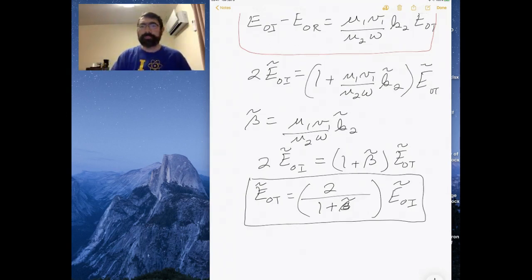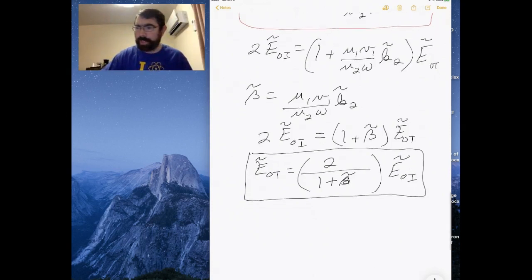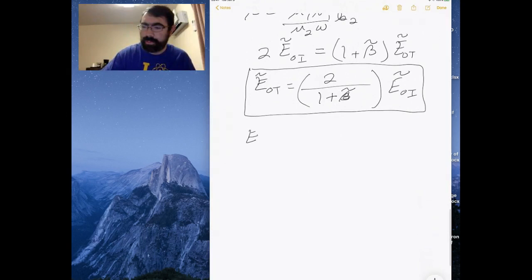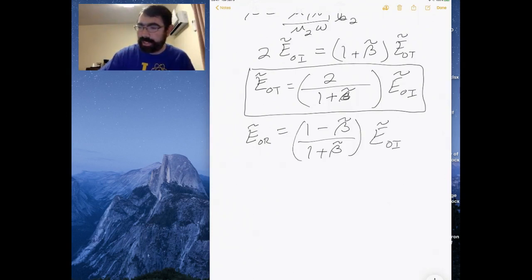Like so. So it looks exactly like the previous case, except now we're dealing with a complex factor beta. We could now take that, plug it back in, and solve for the reflected wave's amplitude. And what you would get is 1 minus beta tilde over 1 plus beta tilde times the incident amplitude.